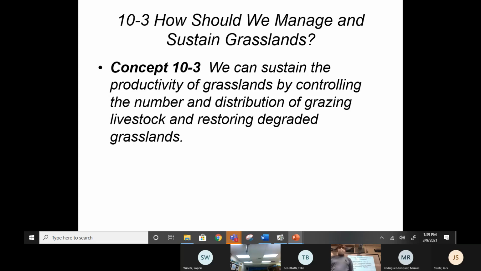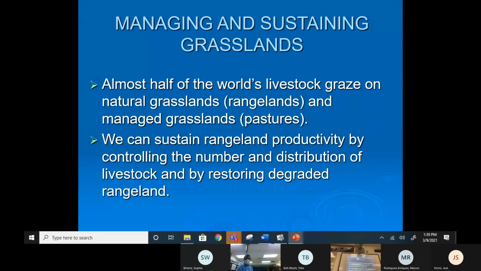Another use of our grasslands is for livestock, for grazing cattle. So they're differentiating the way we raise cattle into whether we grow the cows on natural grasslands or on grasslands that are under our control, that we manage. So rangelands versus pastures.